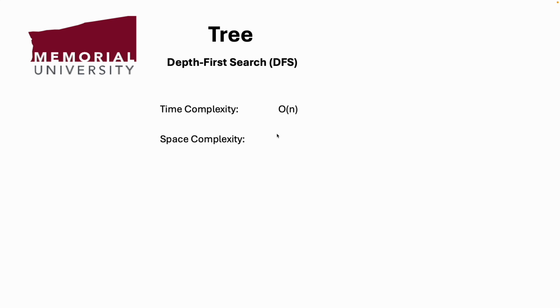For depth first search, we define it as big O of h. What's h? h is the height of the tree, which means the space complexity is based on how deep the tree is. So it's the maximum depth of the tree, which is the height of the tree.